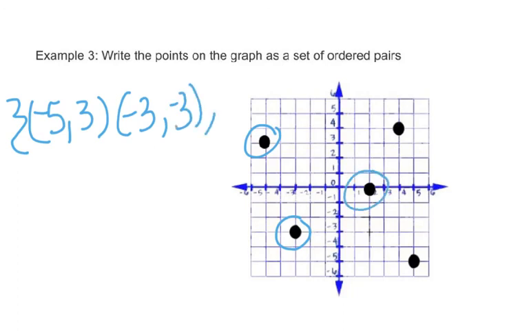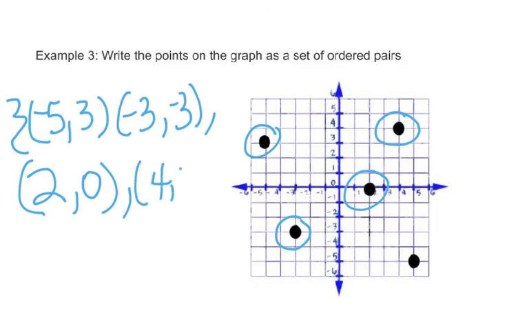How about this one? It is actually on the x-axis. So it's on 2 on the x-axis, but there is a 0 for the y because you don't go anywhere from there. This point is located at 4, 4. And make sure you're seeing where I'm getting these numbers. If not, ask your classroom teacher or send me a message saying I'm really not getting this. And then this last point is at 5.